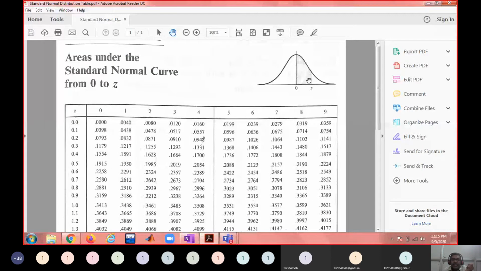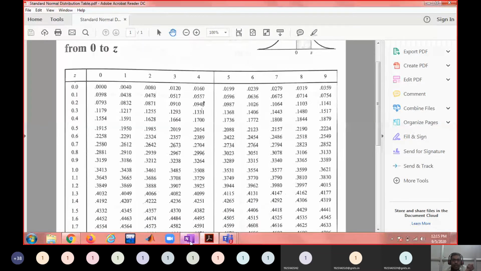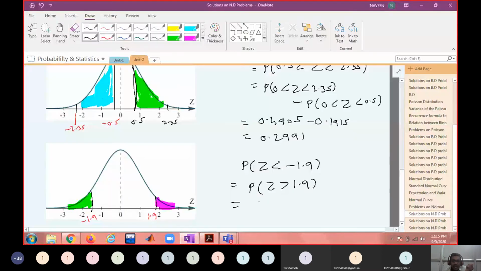Total area is 1. Right half area is 0.5. From the right half area, if you remove the area from 0 to z, you will get the tail area. Is that okay? So if I want to find the right tail area, I have to subtract from 0.5 the area from 0 to 1.9.